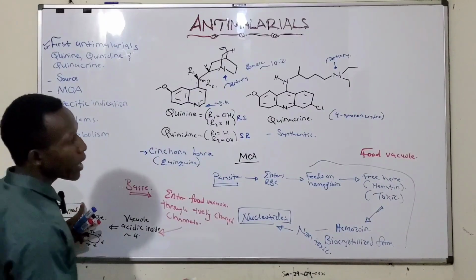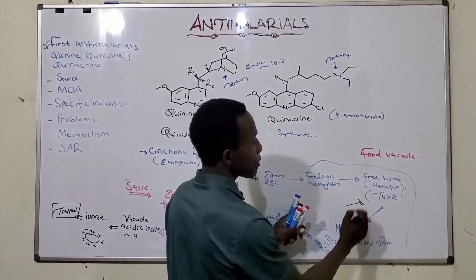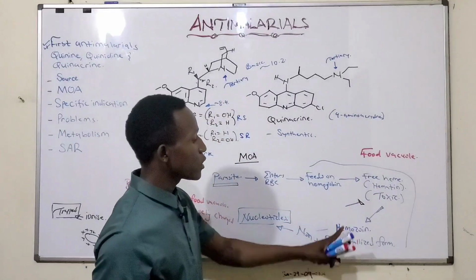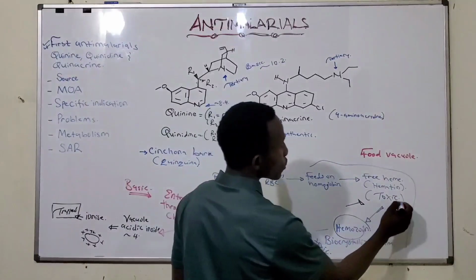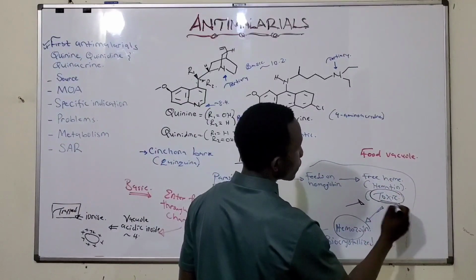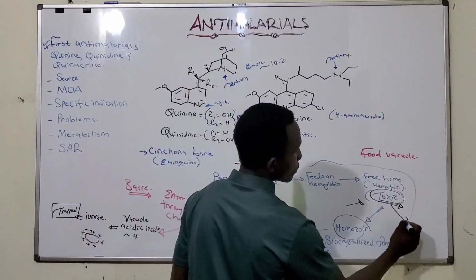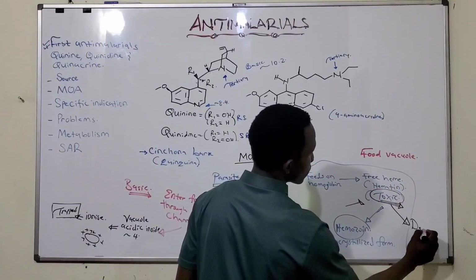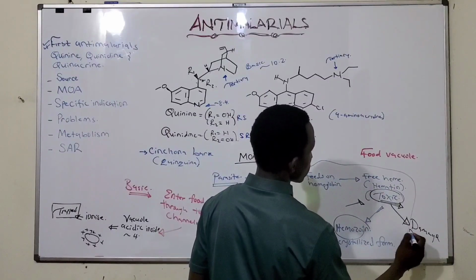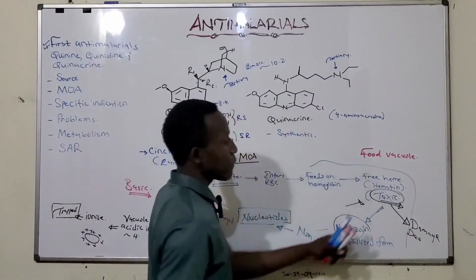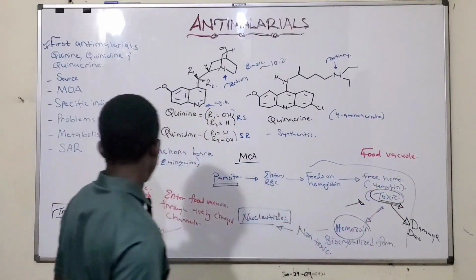And this drug will bind to the hematine, this free heme, preventing its conversion into hemozoin. So this toxic metabolite will remain in the cell, meaning we shall have damage to the parasite. The parasite will be destroyed by this toxic hematine or free heme.